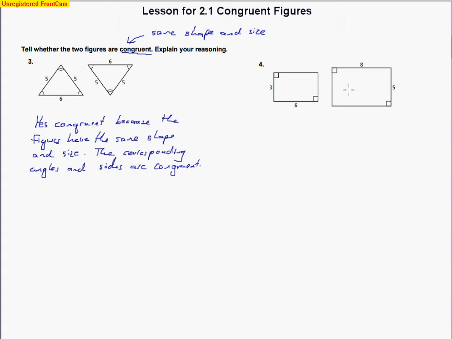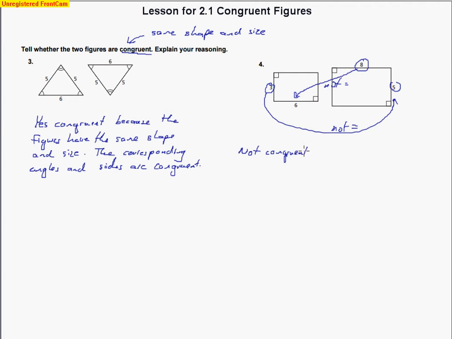So looking at this one, these are definitely the same shape, but not the same size. Here we have 3, and here we have 5. So these are not equal. Not equal. And we see the same thing over here. 8 and 6 are not equal. And so because of that, we would say not congruent.